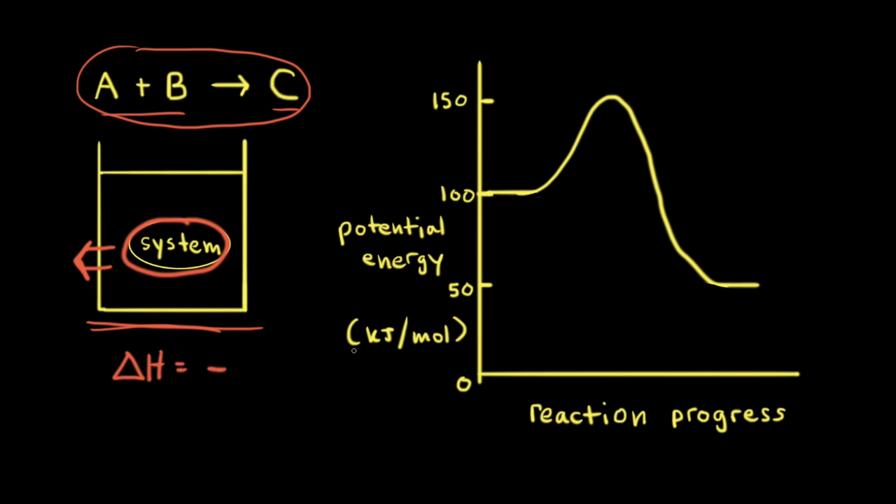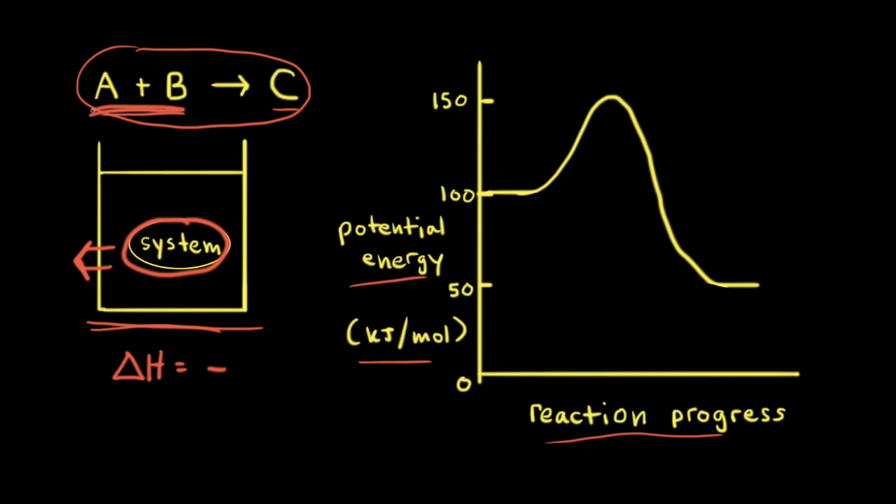We can determine the amount of energy that flowed from the system to the surroundings by looking at the energy profile for our hypothetical reaction. In an energy profile, potential energy is on the y-axis in kilojoules per mole, and reaction progress is on the x-axis. So as we move to the right on the x-axis, the reaction is occurring.